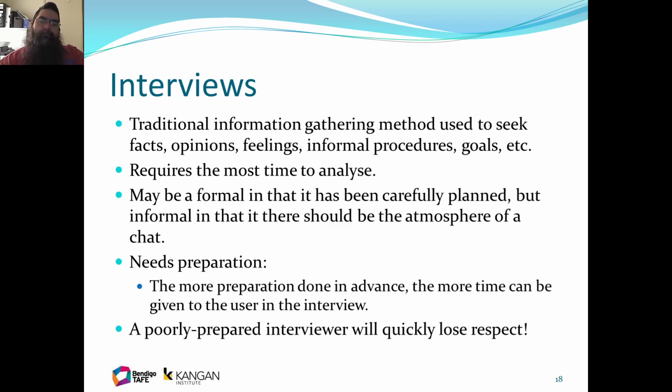Interviews can be formal or informal, and they allow you to gather opinions, feelings and goals from the person, as well as just a straight answer. So you get to analyze the person as well as the answer given.